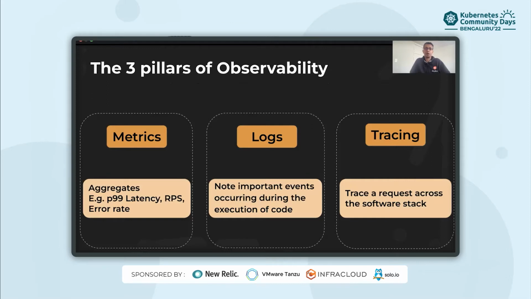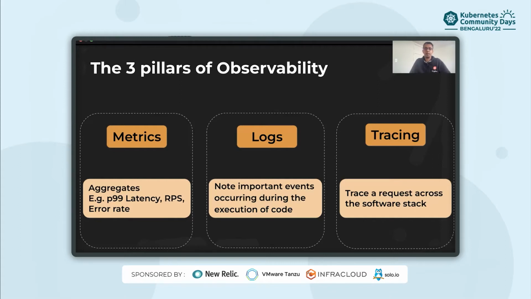For example, if you want to see latencies, it's a time series graph of the different latencies, and you get a sense that okay, at this time some latency has gone up or gone down. But fundamentally, it's an aggregate of your underlying metrics. Logs are important events which occur during the execution of the code.